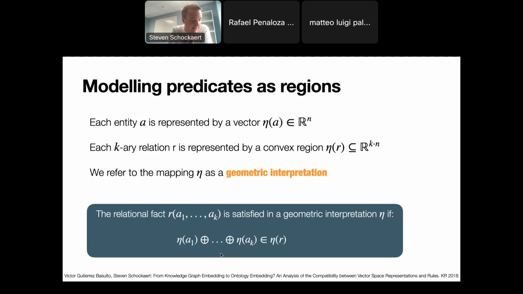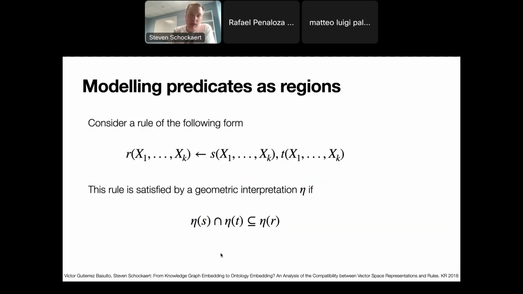So we concatenate the embeddings of the arguments, that gives us a vector in k times n dimensions, and then we simply check if that vector belongs to the region that represents the relation R. Right? So that's the basic idea. Okay, so now that we have this view of relations as regions, we can check relational facts, but we can also check rules.